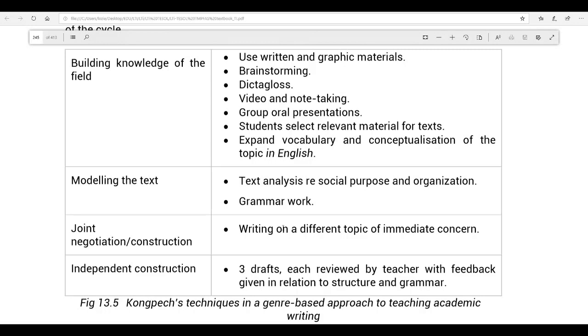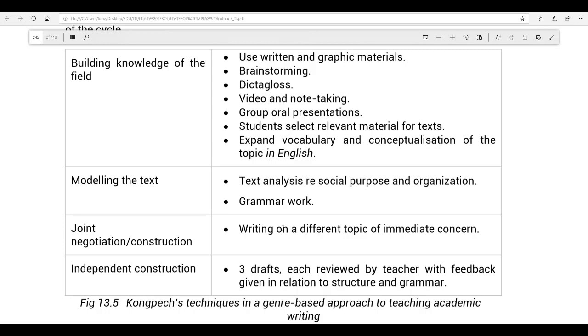He then moved on to modelling of the text and looked at text analysis in regards to social purpose and organisation, as well as grammar work, and then moved on to joint negotiation and construction.